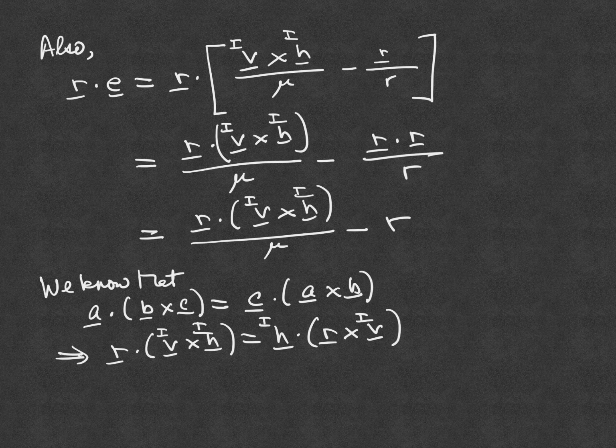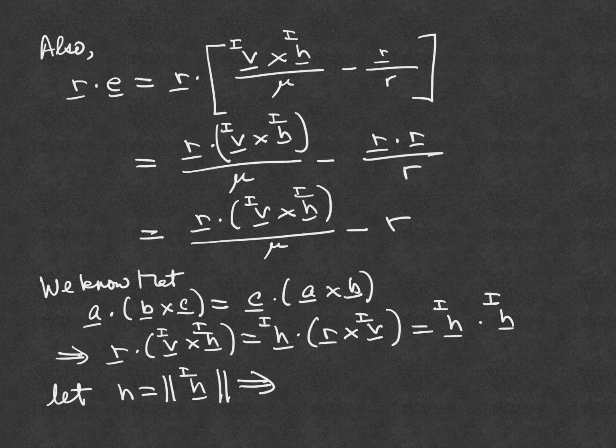But R crossed with VI itself is just HI, so this is equal to HI dotted with HI. Now we're going to do something else. We're going to say let H equal the magnitude of HI. Well, that implies that HI dotted with HI is just equal to H squared. So now I can substitute that in to this expression, and we get the following.